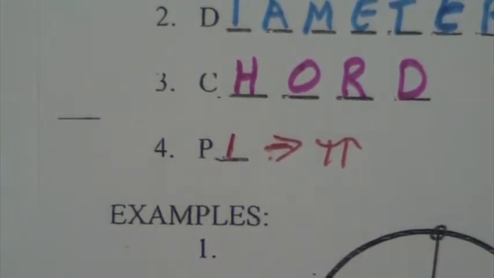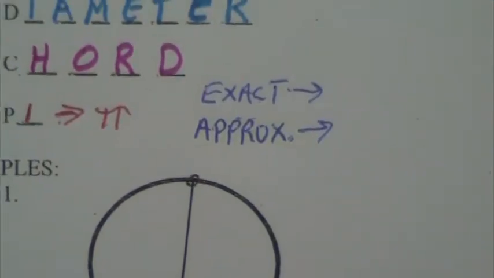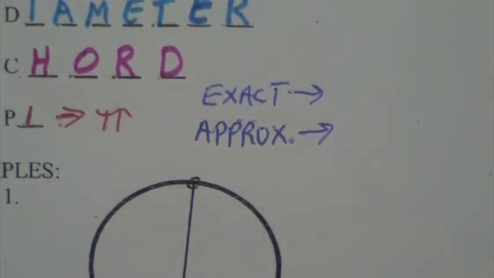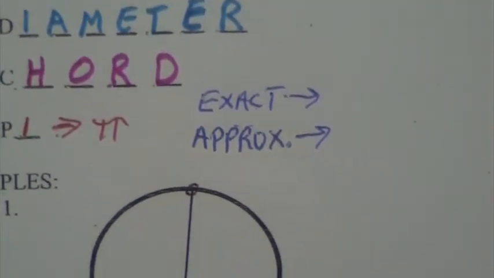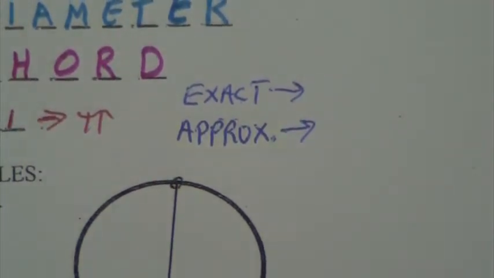And there's two values that we use a lot of times in 7th grade math anyways. So the two values that we use are what I call the exact value and the approximate value. The exact and approximate.